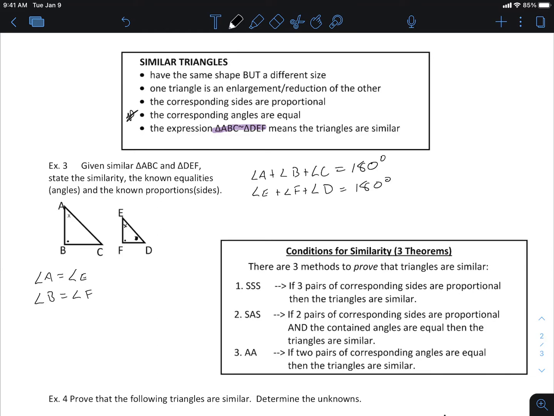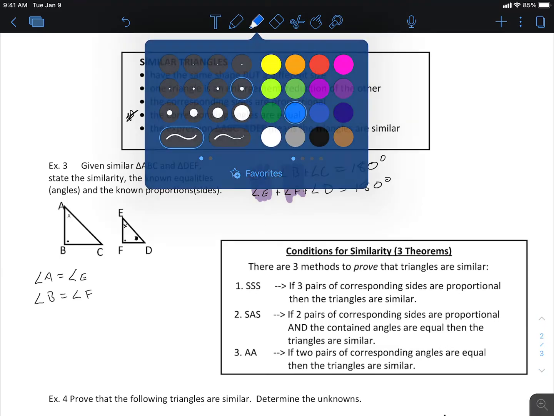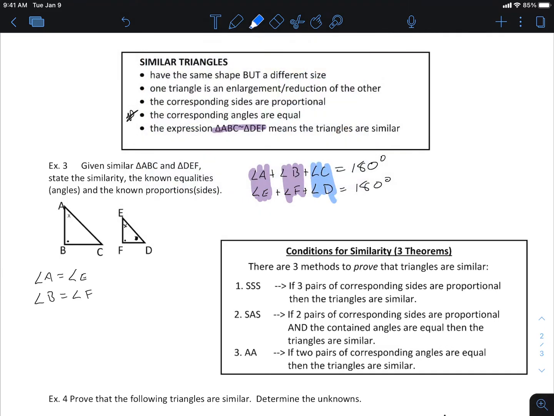Well, if we've said that these two are the same, and these two are the same, then the only way that this statement can be true is if these two are also the same. So that must mean that angle D has to equal angle C. Okay?